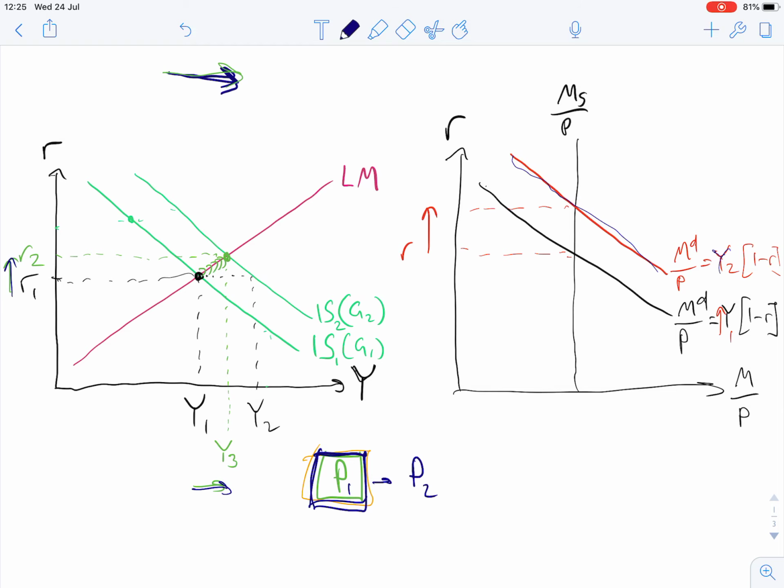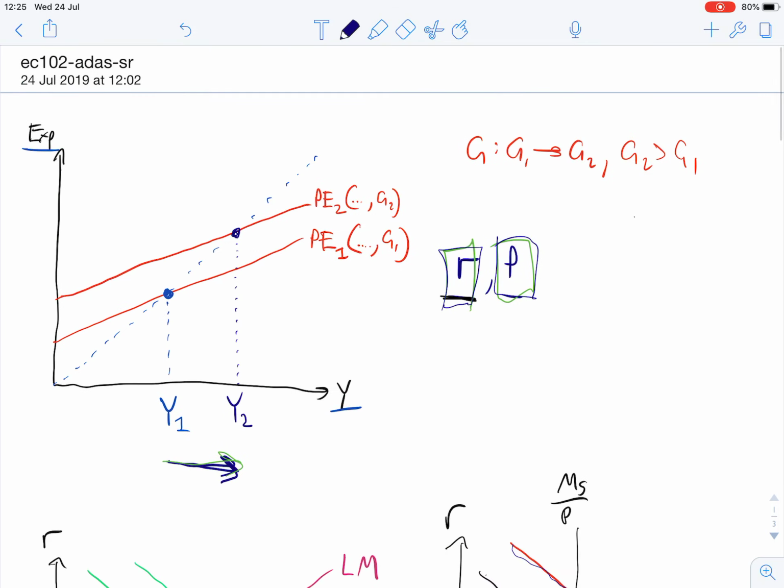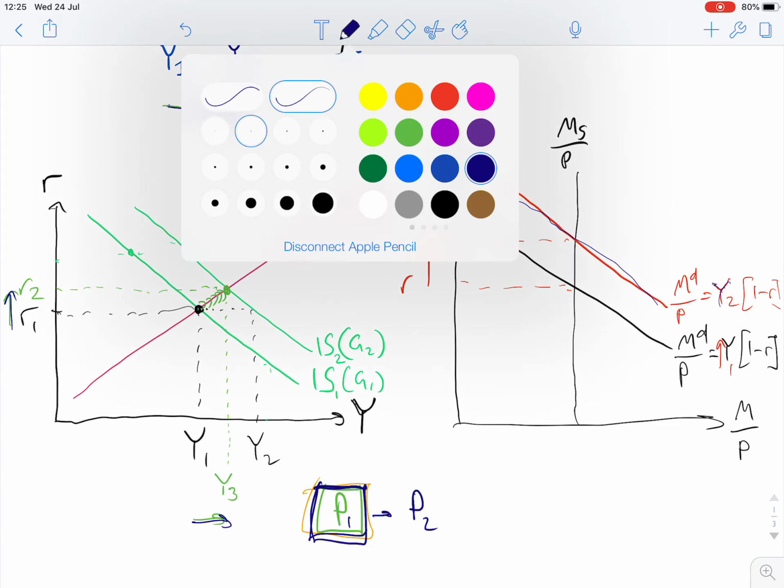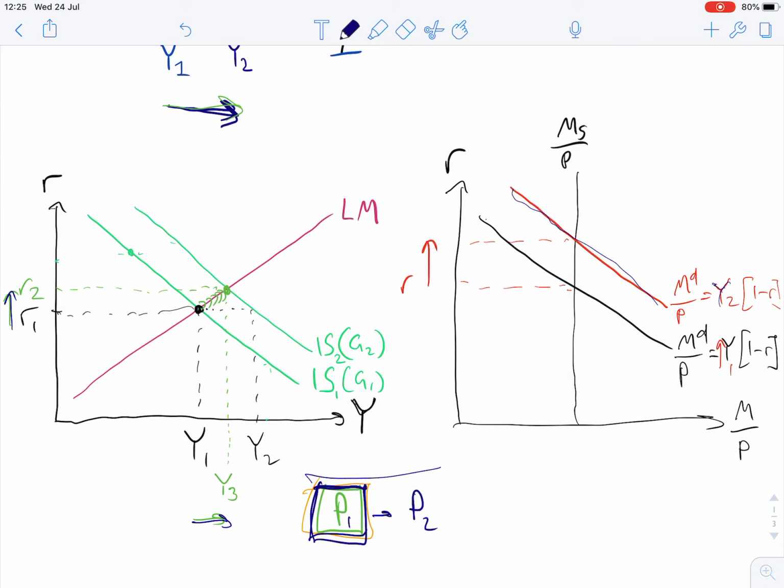Well, we don't see any prices in the IS side, or the real economy side. We only ever see prices in the money side, or the LM side of the short run analysis economy.